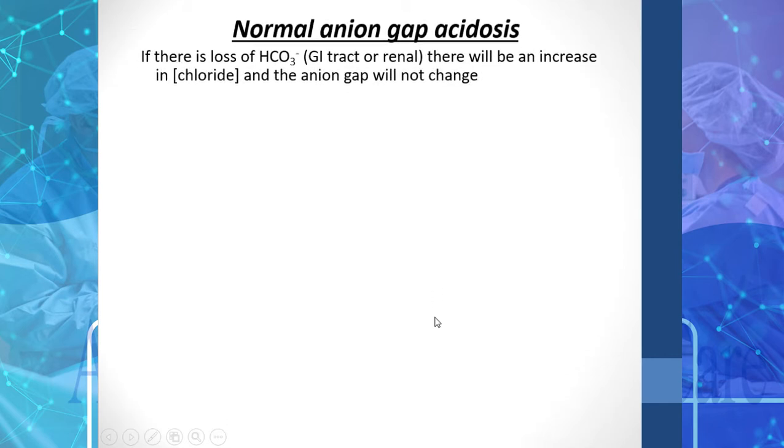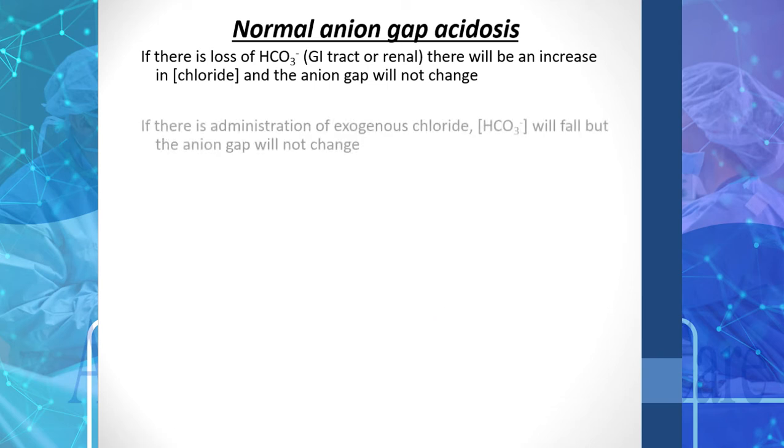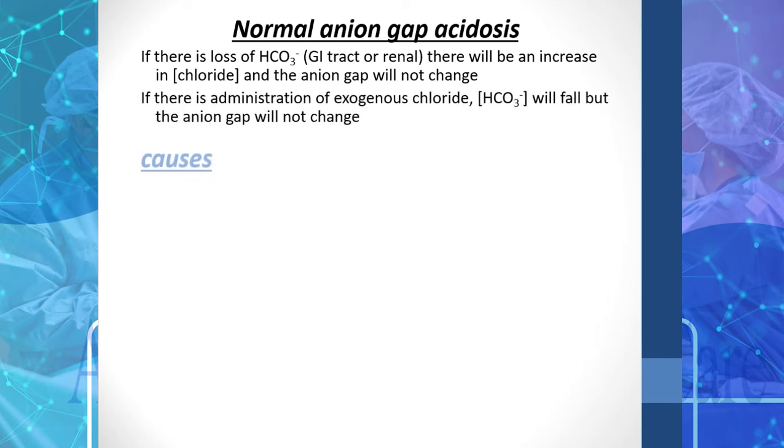What are the causes of normal anion gap acidosis? It occurs if there is loss, as I told you, of HCO3 through the GI tract or through the kidney. Okay, and the body will compensate by an increase in chloride, and the anion gap will not be changed. Also, if there is exogenous chloride administration, the HCO3 will fall, but the anion gap will not change.